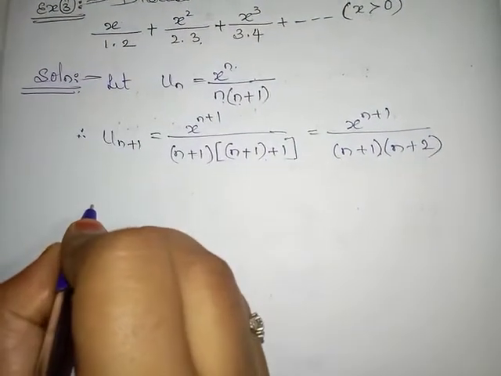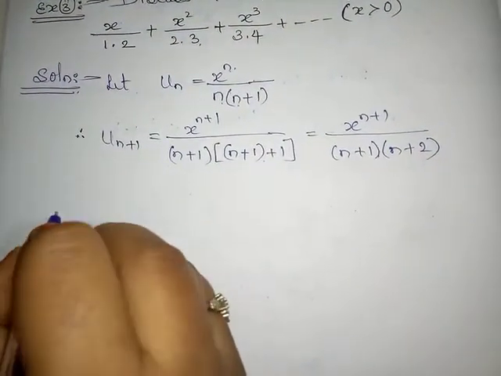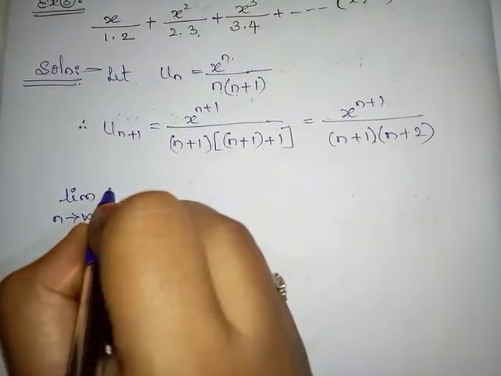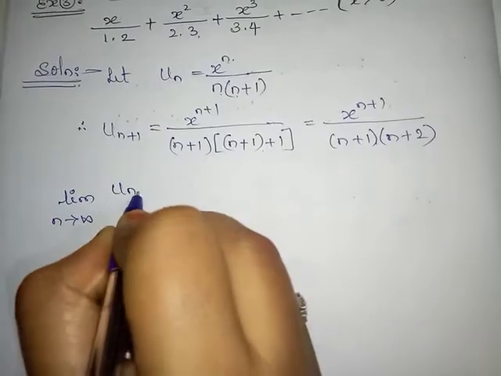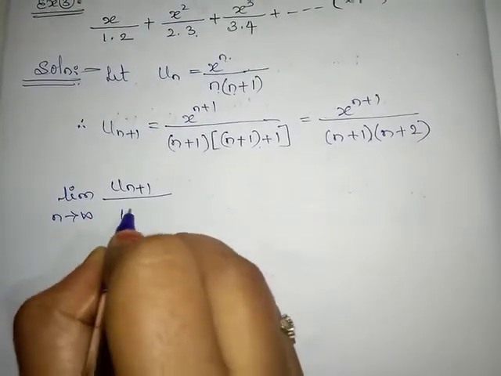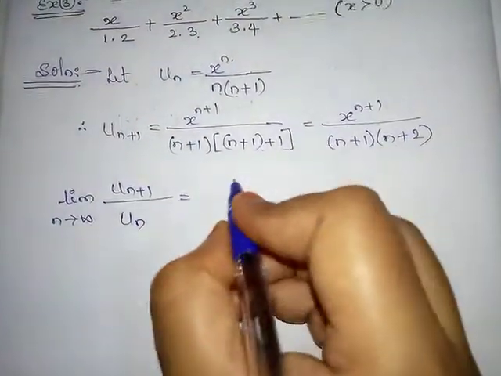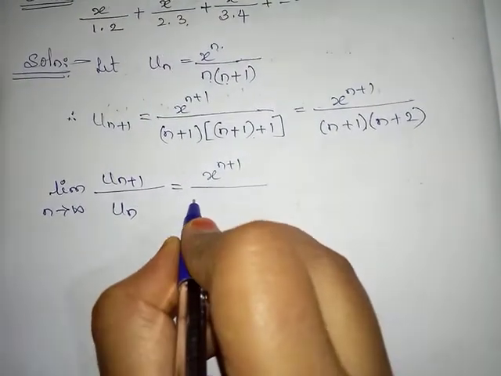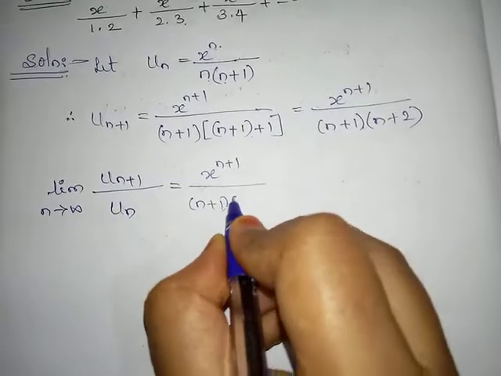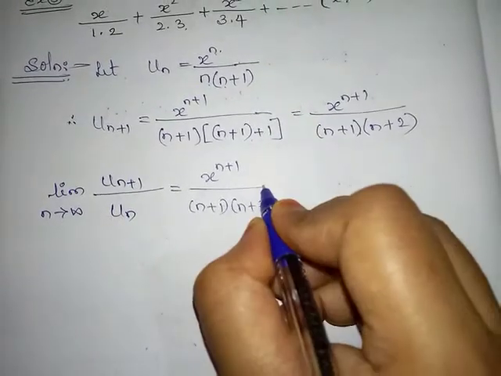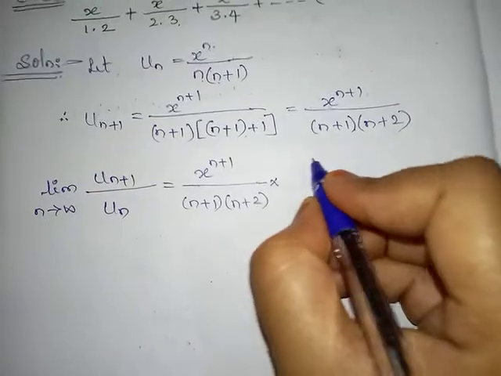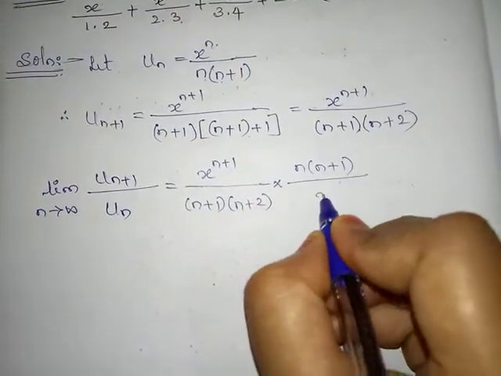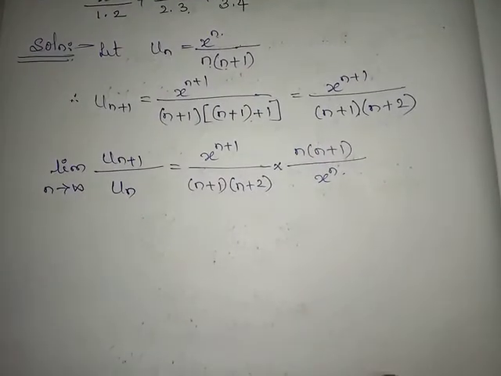Now, by ratio test we get what? Limit n tends to infinity un plus 1 divided by un is equal to, the un plus 1 term is x raised to n plus 1 divided by n plus 1 into n plus 2, into this is n into n plus 1 divided by x raised to n.